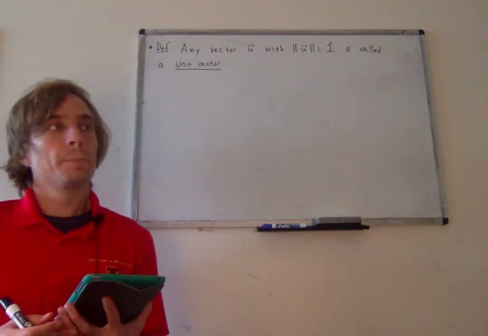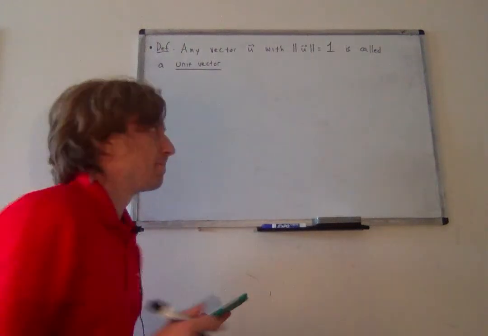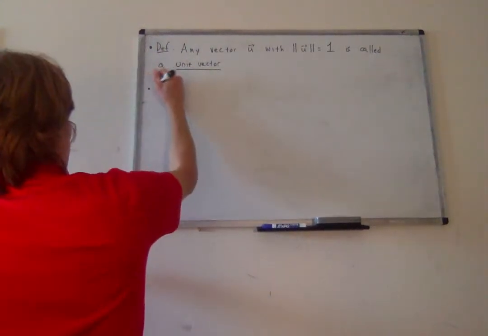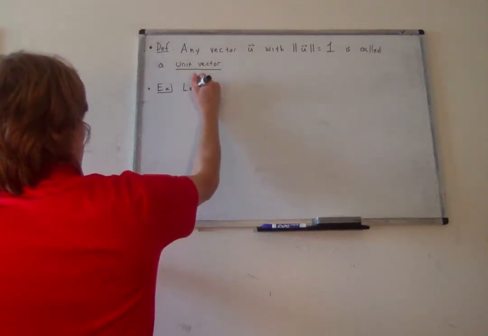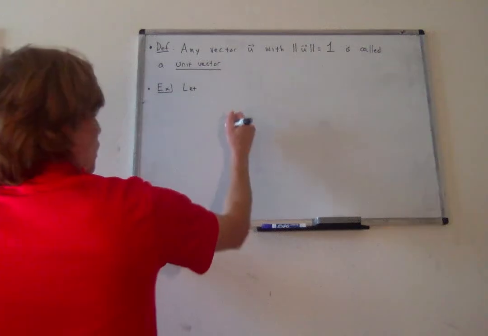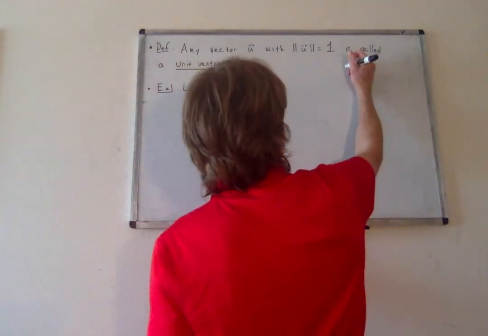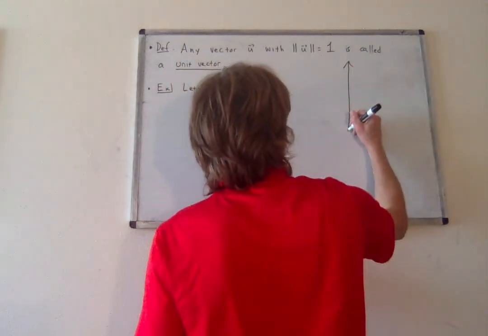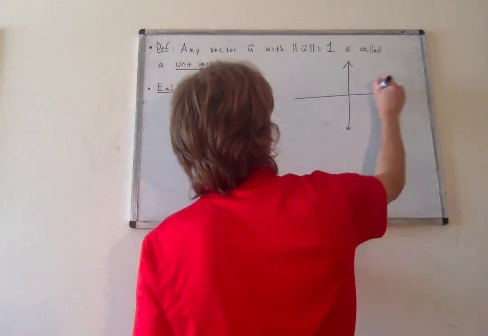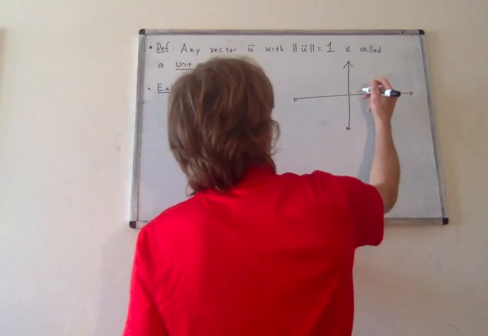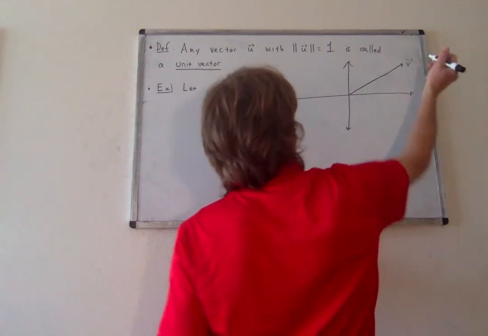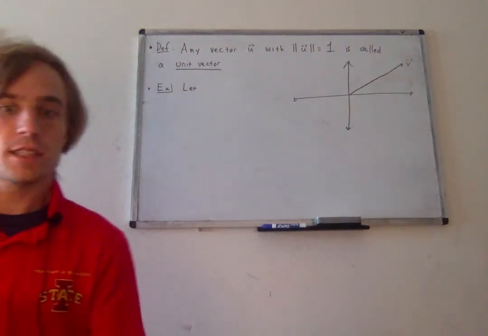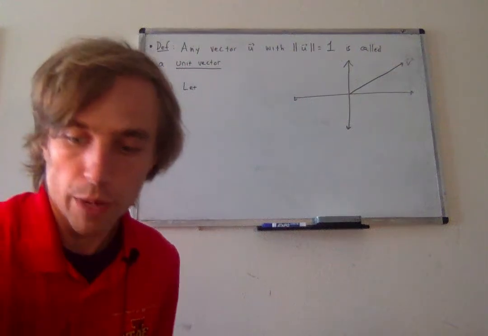So I want to do one more example. Before the example, I'm going to draw an R2 because the example is going to be in R3, but it's hard to draw in 3 dimensions. And I guess, like every stereotypical math teacher, I'm bad at drawing.